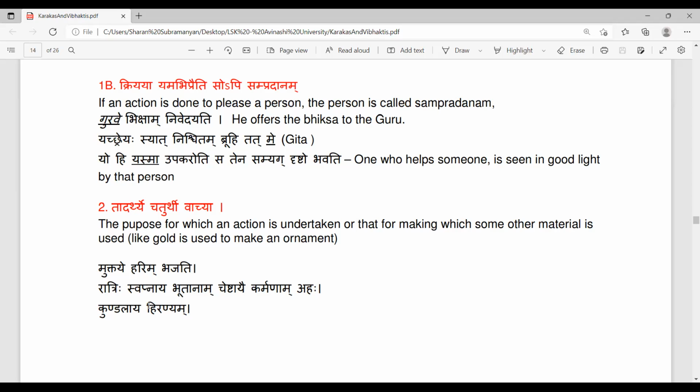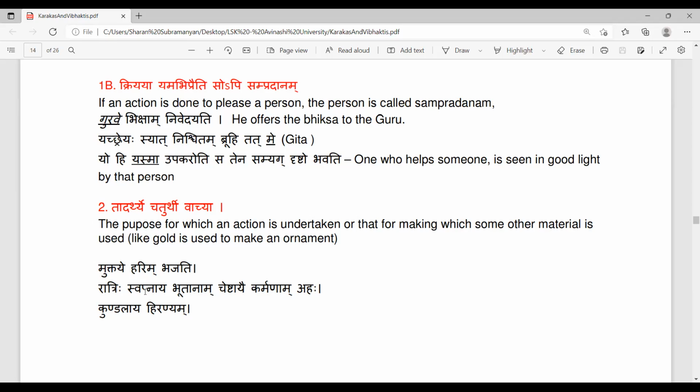So you have to mark Kundalaya Chaturthi. What Chaturthi? Tadartya Chaturthi. Kundalaya Hiranyam. Khadgaya, you can say Khadgaya Loham. Loham is iron. All these are some examples. Tadartya Chaturthi.